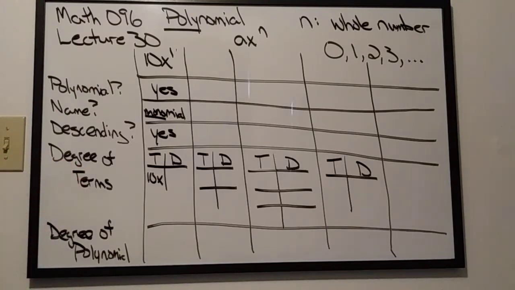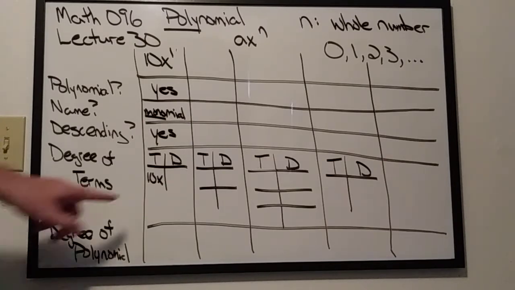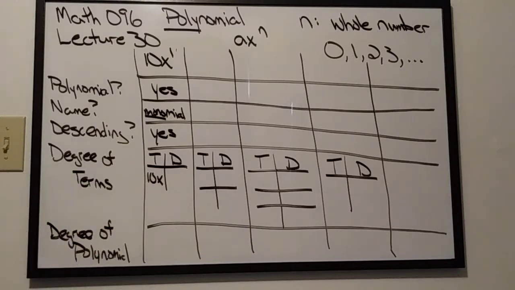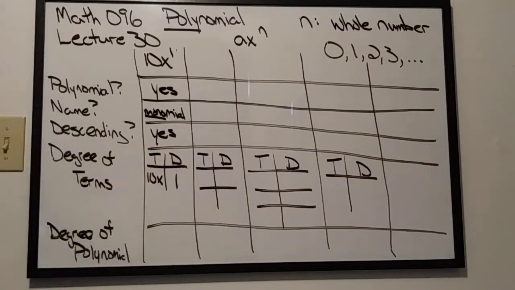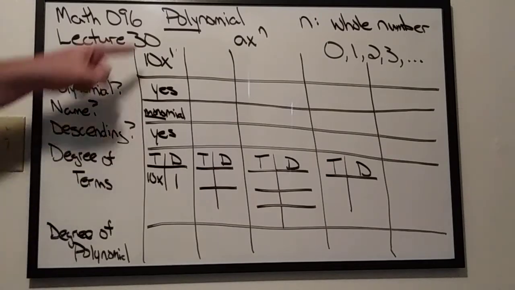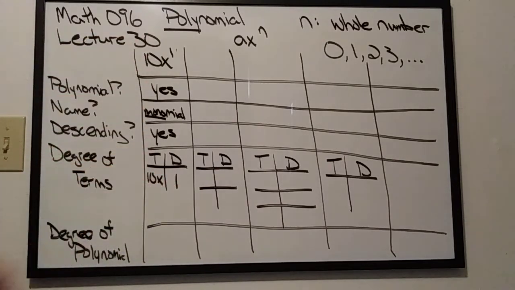The degree of a term is going to be talking about the power of the variable. Well, as you look at this once again, 10x, the power on that x is 1. So the degree of that term is 1. Now in this case, once again, we only have one term, so I don't have anything else in this table to look at. And the final piece, the degree of the polynomial.